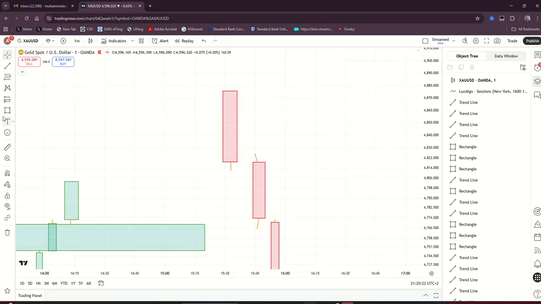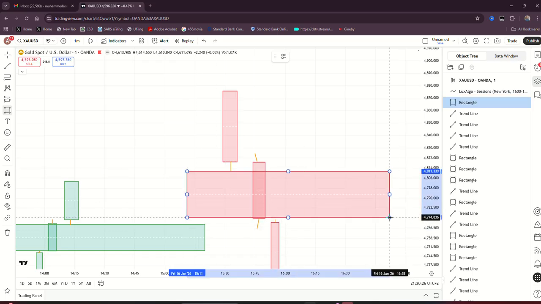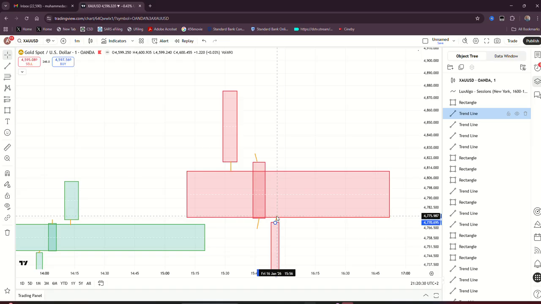Okay, now this gap that got created here, you see this gap? You see the wicks aren't overlapping, right? The wicks don't overlap and there's a gap here, right? Okay, yeah, it does overlap there, but there's still a gap here, right?